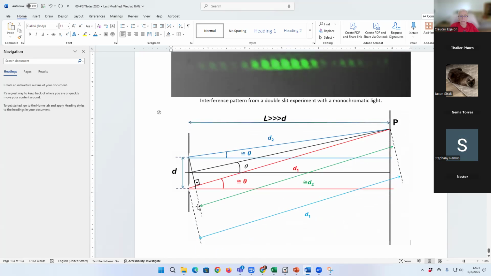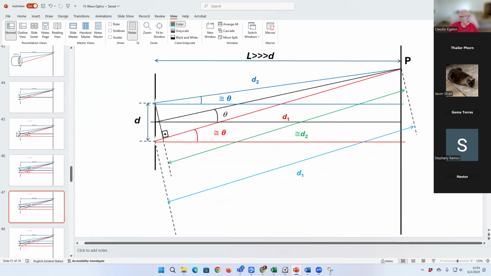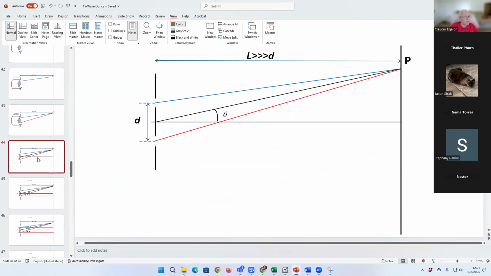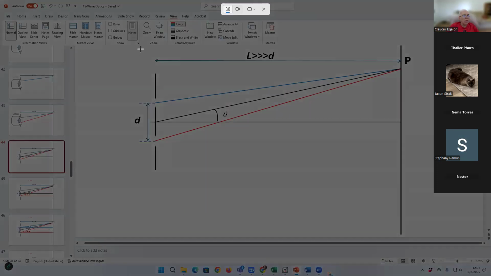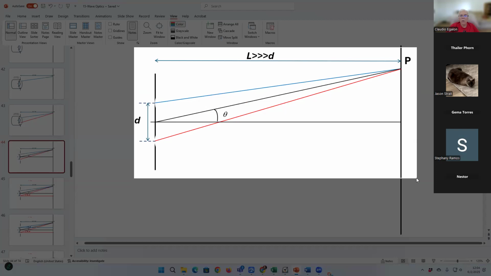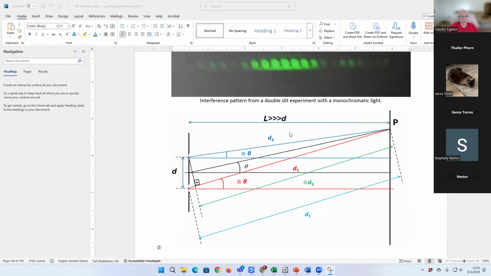Okay, here you go. You know what? I'm gonna come up with a simpler one. Okay, this one here. Here you go. I'm gonna use this illustration instead.